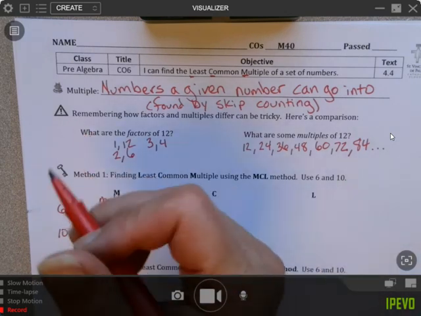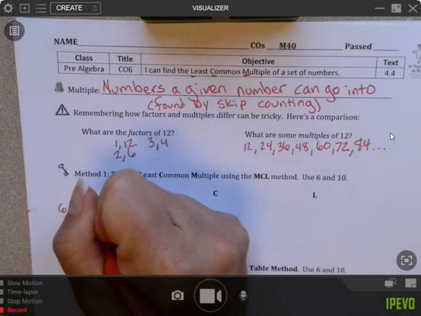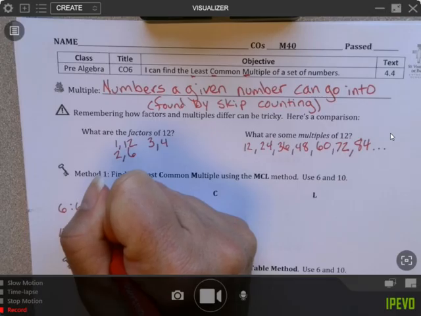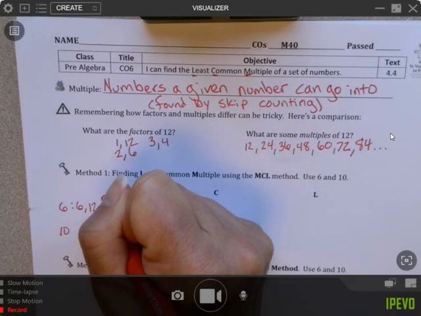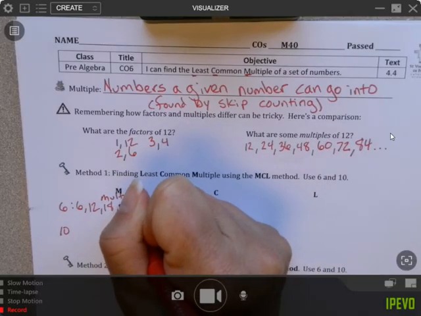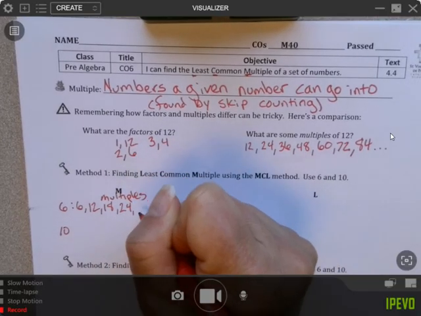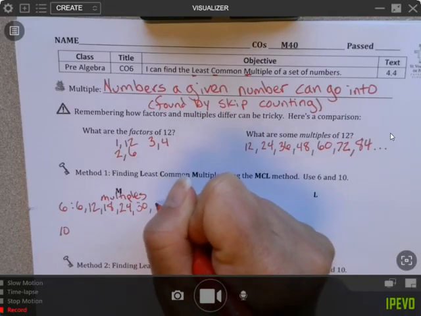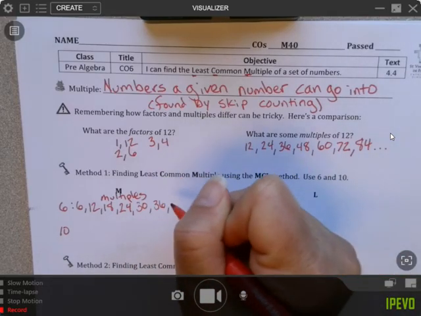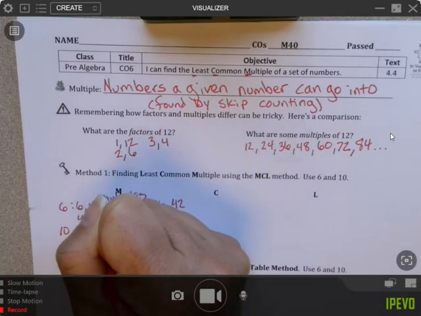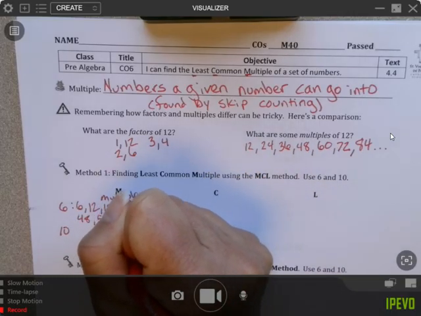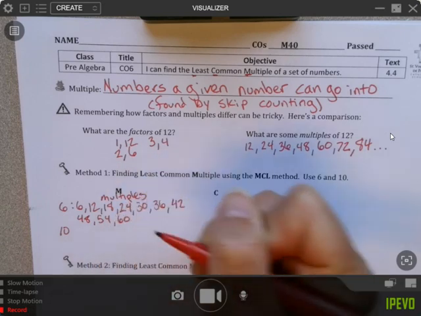So if we look at 6, what are the multiples of 6? Who can start listing them for me? Claire, go ahead. 24, 30, 36, 42, 48, 54, and 60.